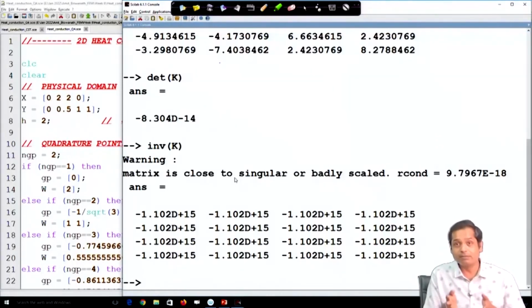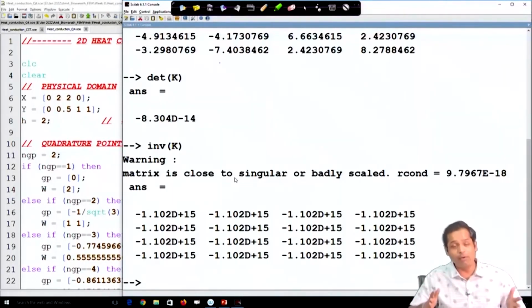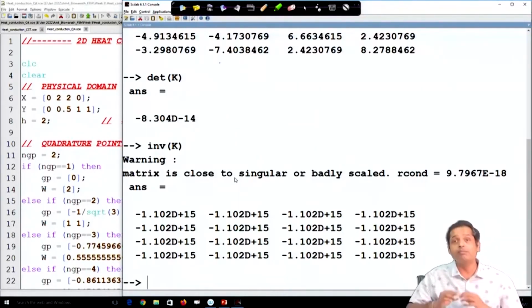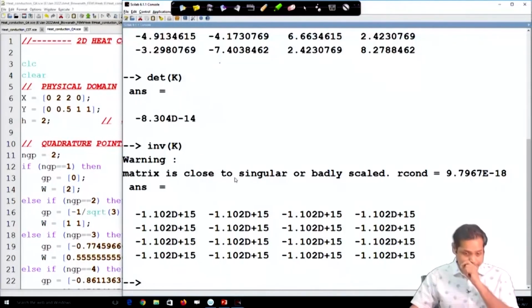Which is obvious because it is the entire matrix without imposing any boundary conditions. We discussed this, and we had seen the same thing in the case of other systems as well. So that's why the determinant is 0. So we need to impose boundary conditions, and then only can it be solved, right?